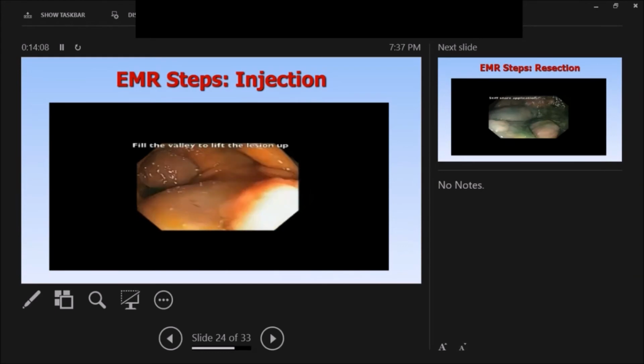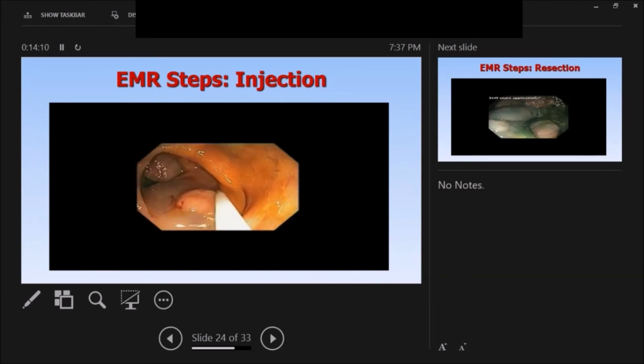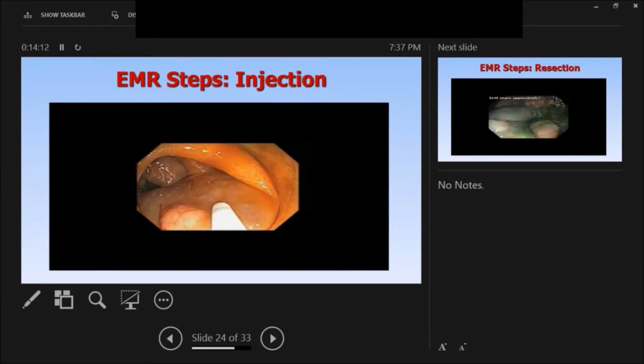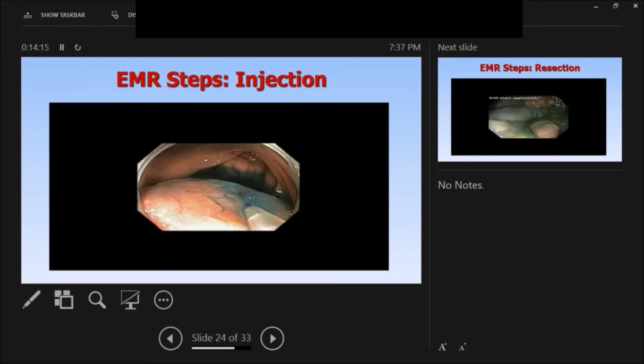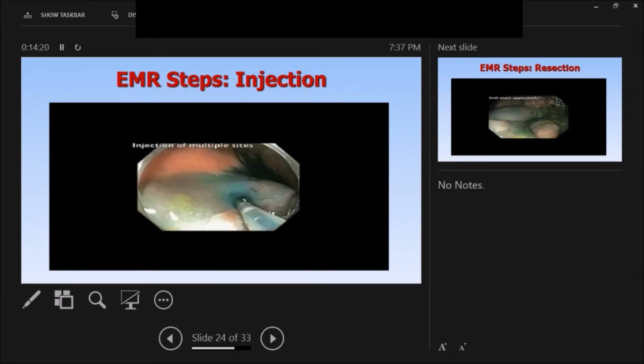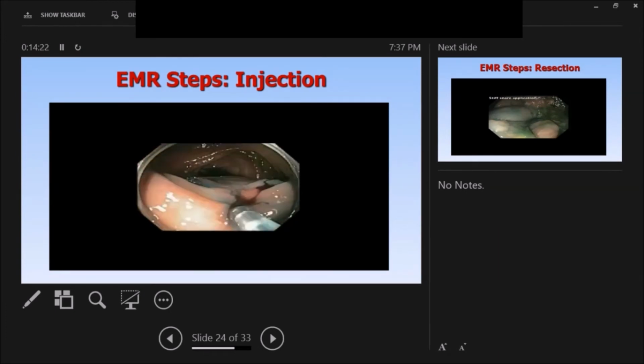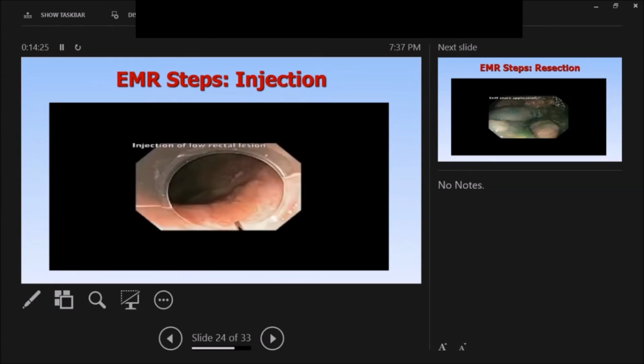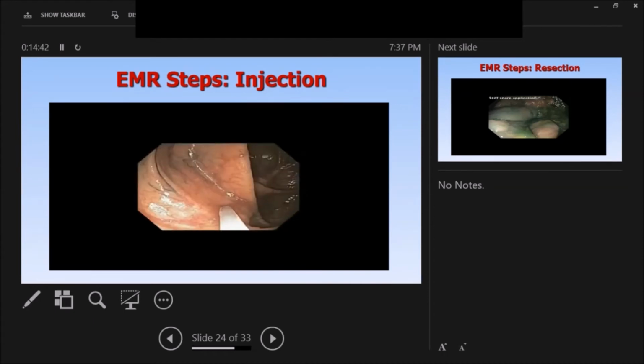Sometimes we start from before the dentate line, and sometimes we use a lignocaine injection to decrease post-operative pain. As we see, sometimes we inject more than 50 to 60 cc of indigocarmine. Here, this is the anal lesion. We start below the dentate line using lignocaine and methylene blue to decrease pain.